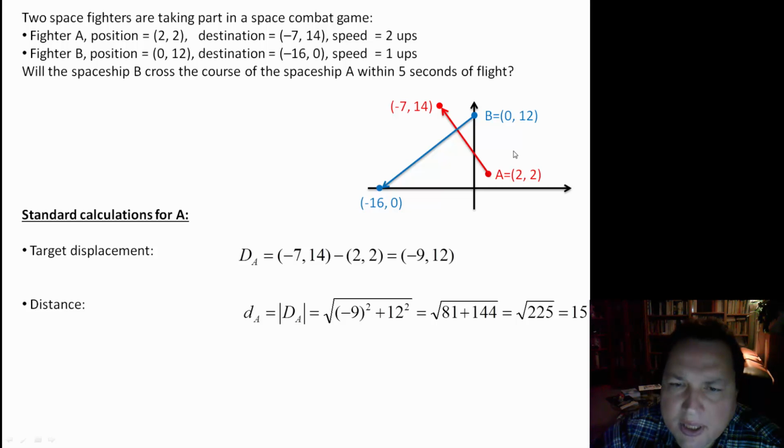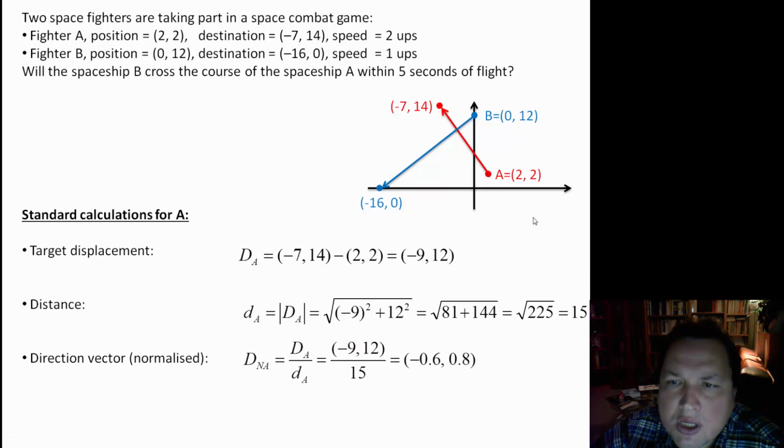Once we have the target displacement, uppercase dA, and its length, which is also the distance towards the destination point, lowercase dA, we can calculate the normalized direction vector, which is the vector pointing in the same direction as the displacement vector, so it's pointing towards the destination point of fighter A. But the normalized vector is a unitary vector, so its length is always 1.